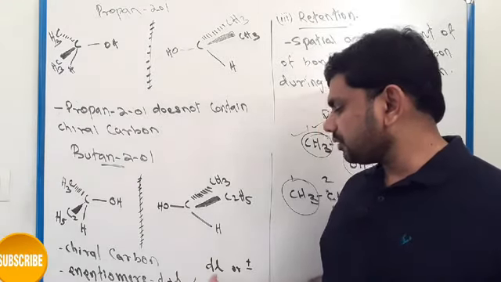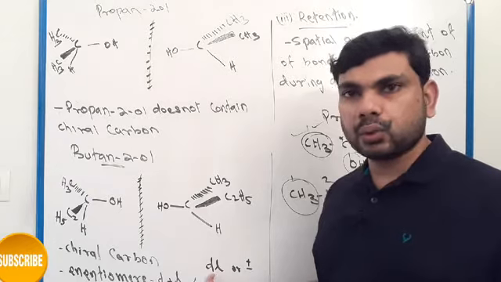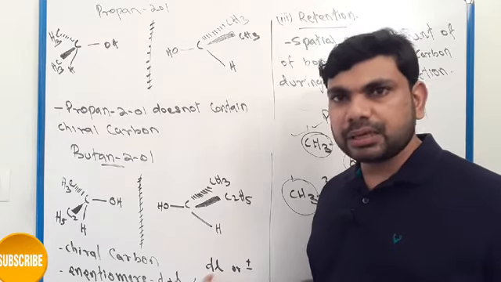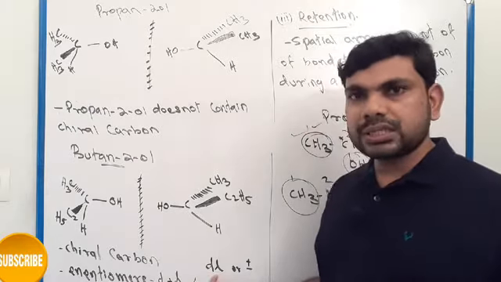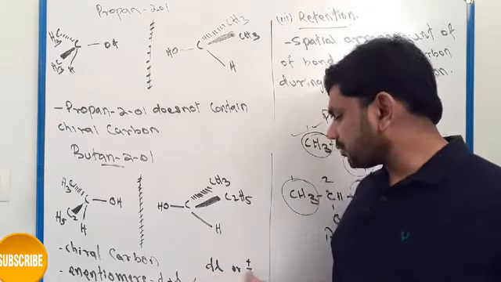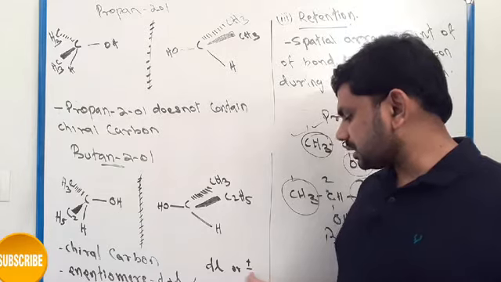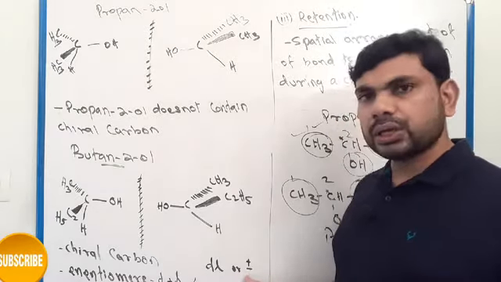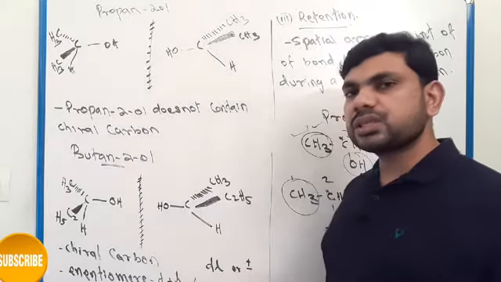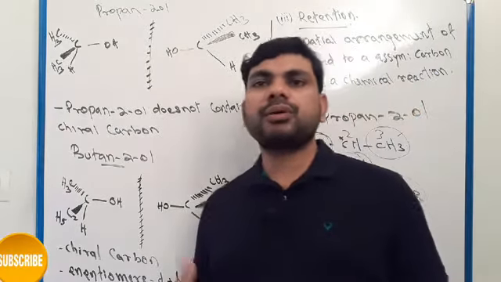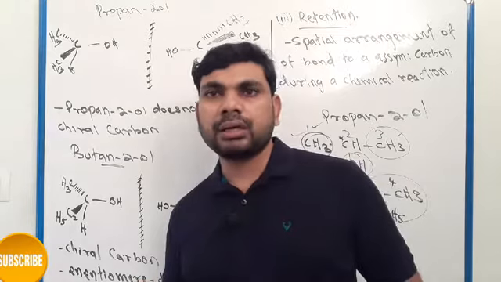Enantiomer usually we will represent like this. DL glucose means it is a racemic mixture. It contains equal amounts of D and L glucose, that is DL glucose, or we can represent it like this, plus minus. Same like that, DL glucose, plus minus glucose, means it is a racemic mixture, or you can say it is enantiomer.